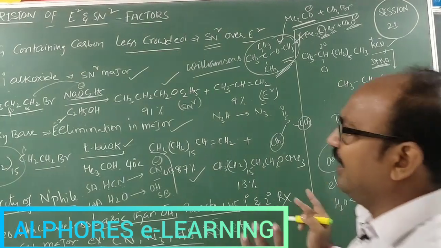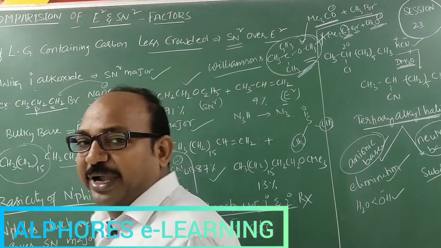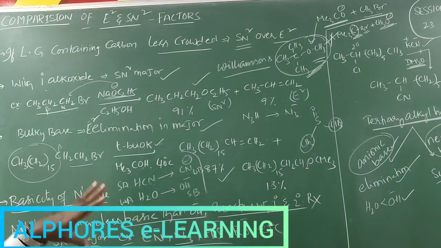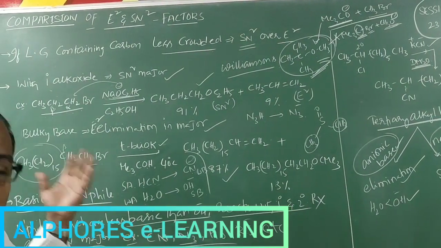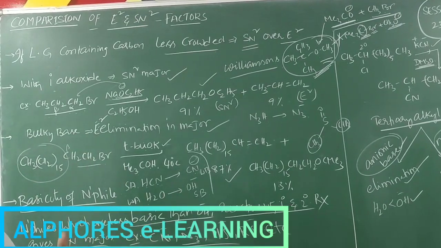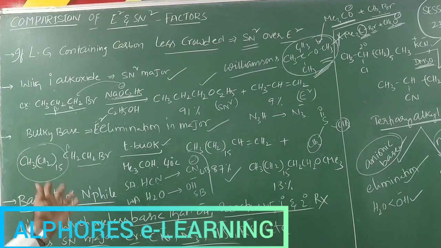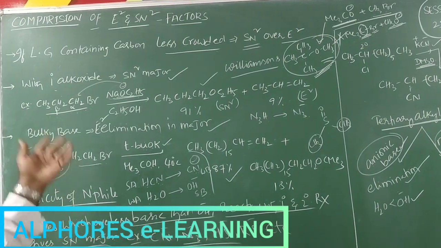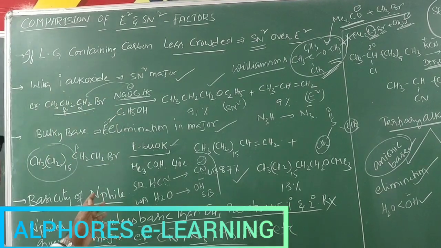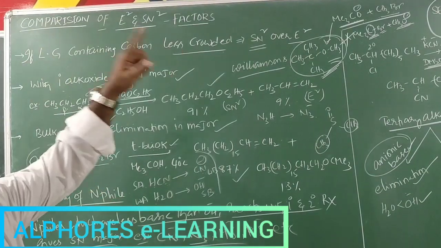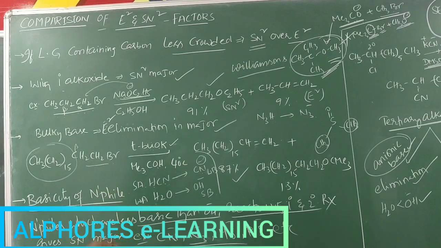By learning these factors, we can predict what to consider for preparing which product. For example, if I want the substitution product, which type of solvent, alkyl halide and nucleophile do we have to use, and for the elimination product, which type of base do we have to use. We are getting clarity based on this.